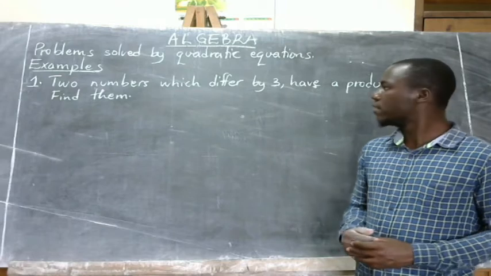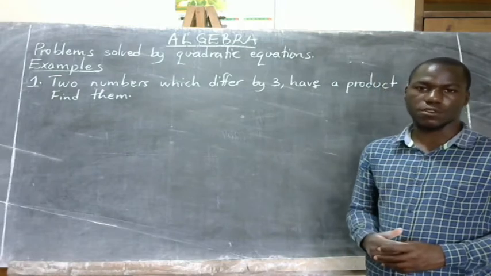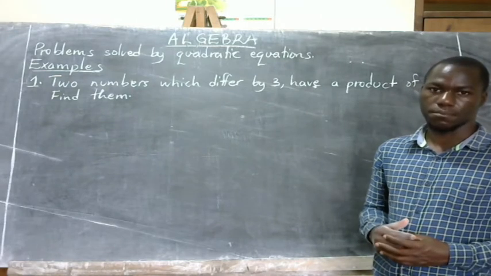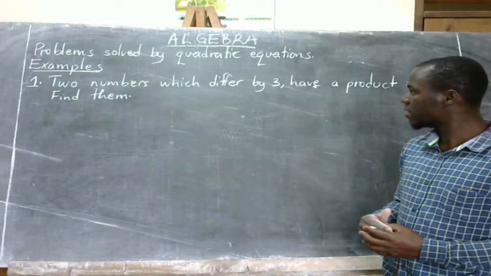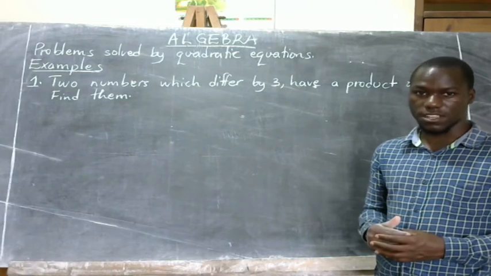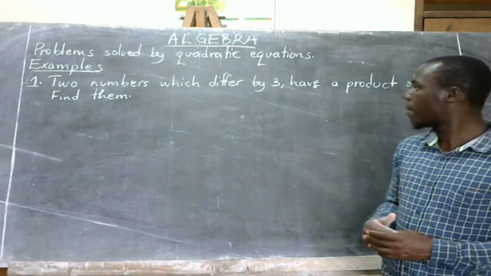Example 1. Two numbers which differ by 3 have a product of 88. Find them. So we are going to first generate the equations from the statements, that is, making mathematical statements.